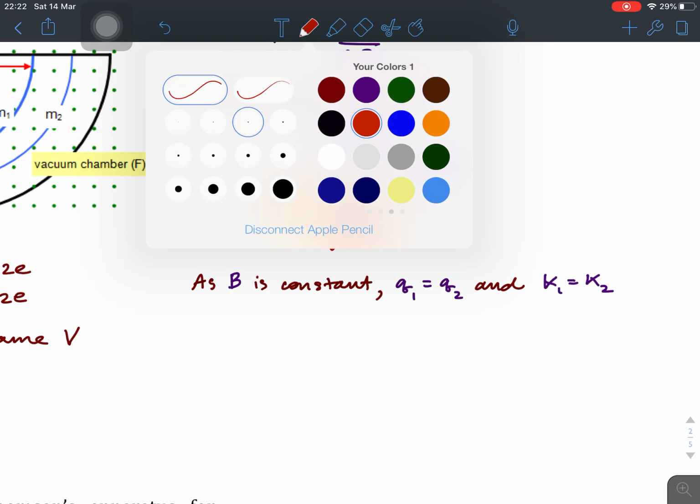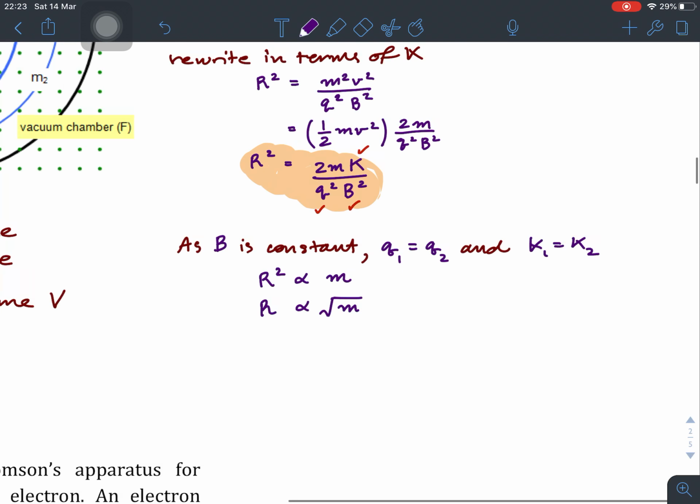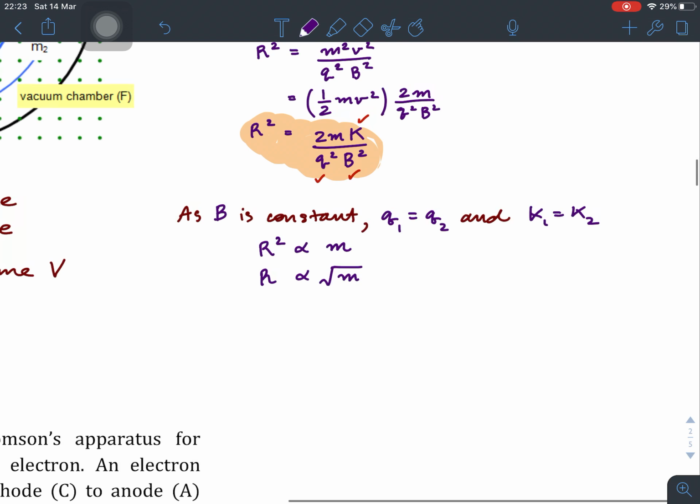So r squared is proportional to m, or you can also say that r, the radius, is proportional to the square root of mass. In this term, if I put R1 over R2 on the left-hand side of the equation, on the right-hand side would be the square root of m1 over m2.